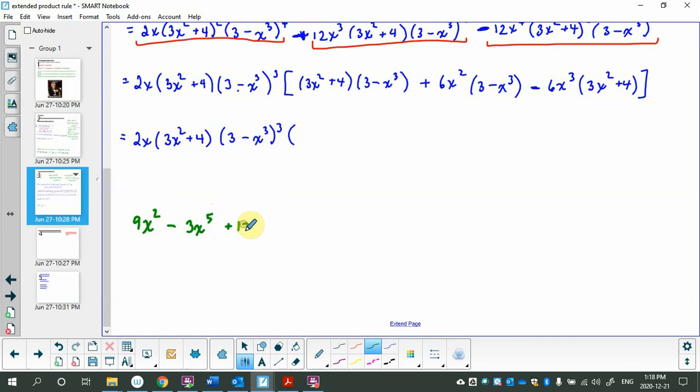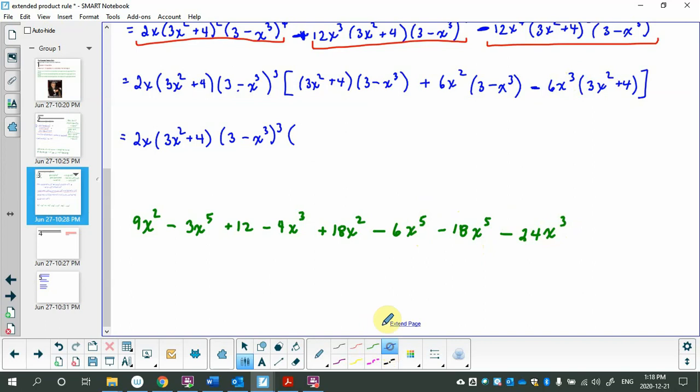Whew. 4 times negative x cubed. 6x squared times 3. 6x squared times negative x to the 3. Negative 6x cubed times 3x to the 2. And negative 6x cubed times 4.